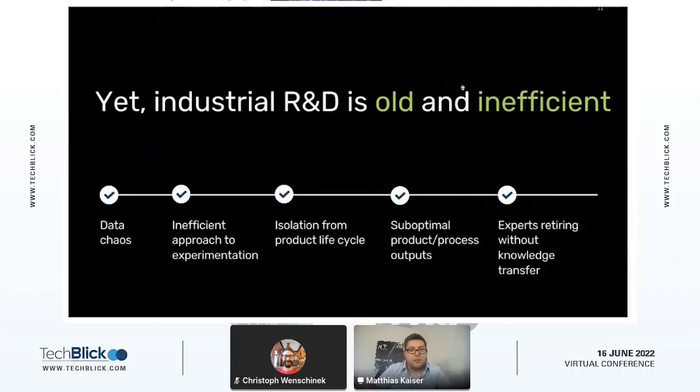There are very inefficient approaches to experimentation, like one factor at a time optimization, or a little bit more efficient design of experiment, but still very inefficient. Then there's often a disconnect between production and R&D, or the market and R&D, and supply chain and R&D, for example. And that all leads to suboptimal products and processes.